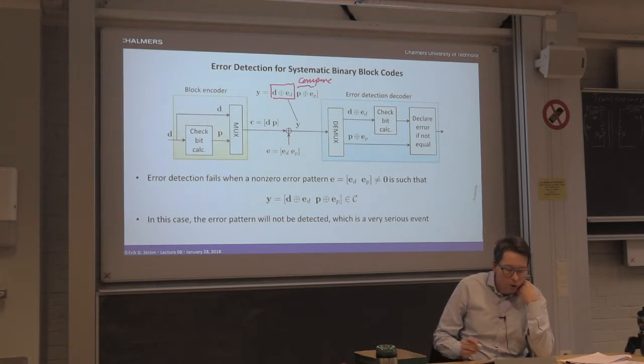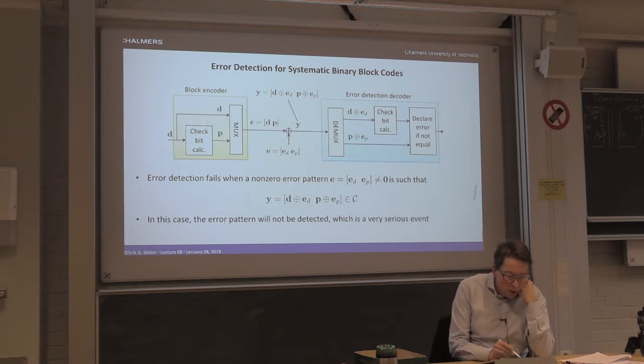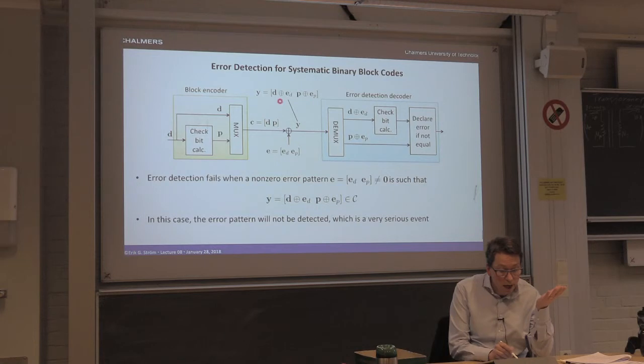Okay. To check whether the received word is a valid code word, what we need to do is see whether these check bits correspond to these data bits. That's the idea. How to do that is to calculate the check bits that correspond to these bits, which is a well-known function.